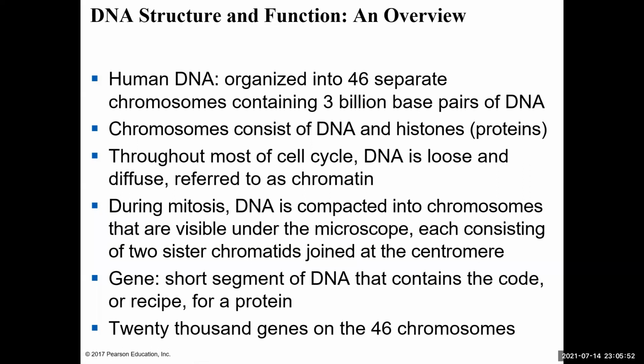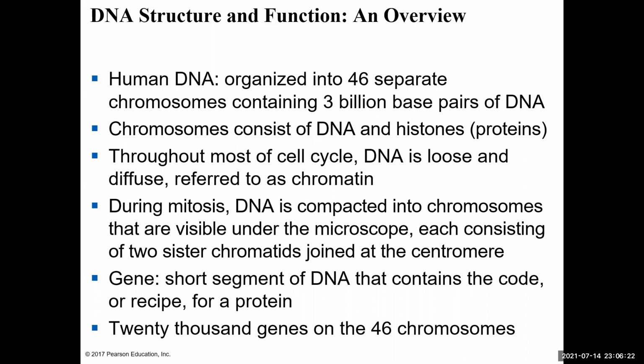And so the 46 chromosomes are basically two pairs of 23 chromosomes, okay? So for example, you have two copies of your first chromosome, your second chromosome, your third chromosome. And so humans have 23 individual chromosomes, two copies each, making 46 separate chromosomes.